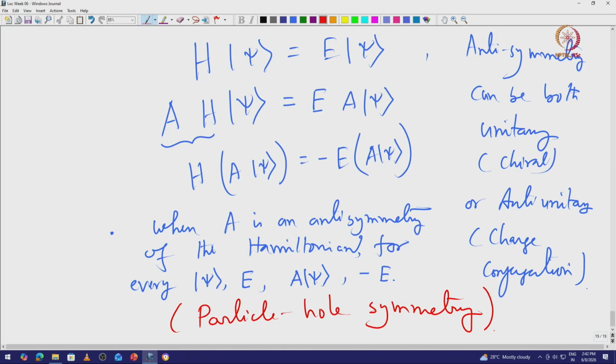I would generally call it a particle hole symmetry when there is an antisymmetry, which can be both unitary or anti-unitary, but in some references and books the charge conjugation symmetry is exclusively called particle hole symmetry, whereas chiral also gives you, for every energy, a minus E energy, and it also gives a particle hole pair of every energy, but it is just a misuse of the nomenclature to call charge conjugation exclusively a particle hole symmetry.